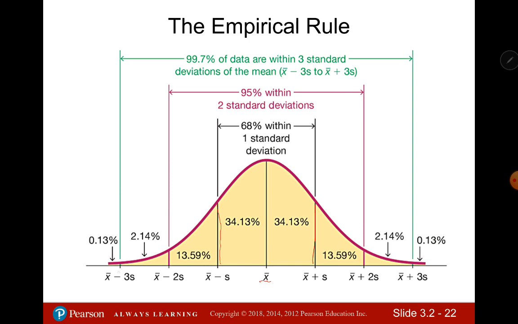When we talk about 3 standard deviations away from the mean, that's from x bar minus 3s to x bar plus 3s. In the last, biggest range, we will have 99.7% of the data.